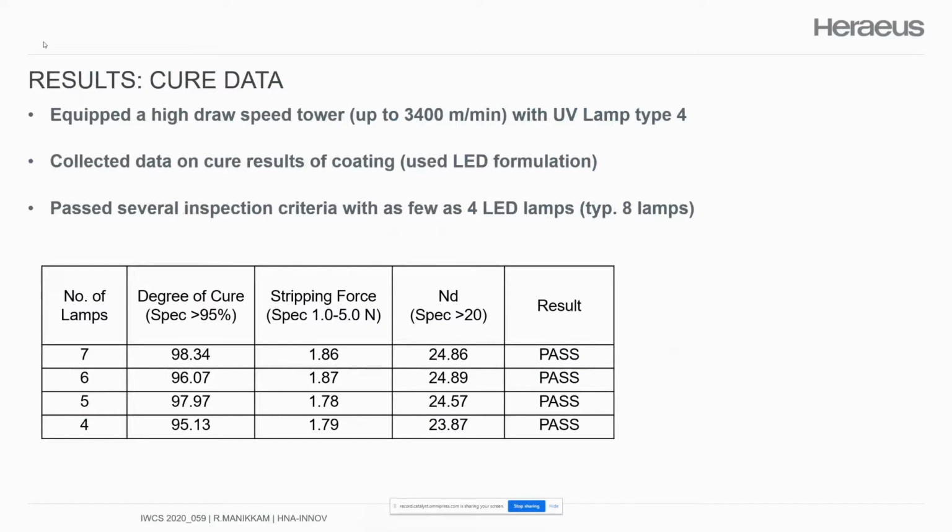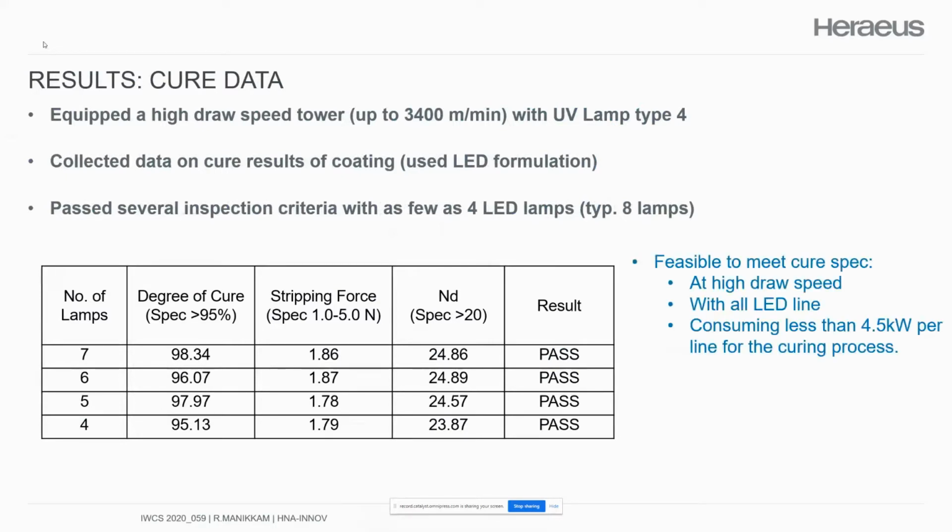The summary of our test is captured in some of these data points on the table and on the screen. We can see that with as few as 4 LED lamps, we were able to pass some preliminary cure specifications. This is relevant because at these speeds, previous work has typically shown you need at least 8 lamps to do this.